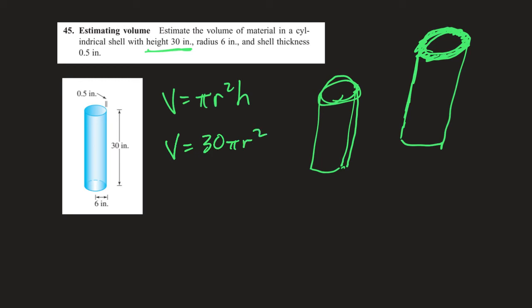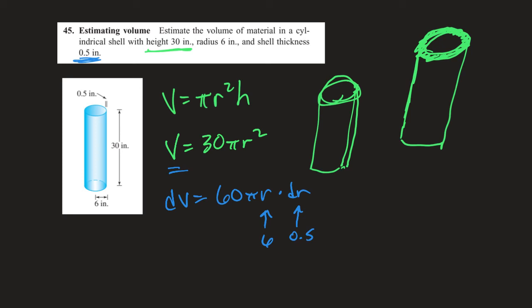And if I want to estimate the change in volume, I'll do a differential. And that differential would be dV equals the derivative here, which is 60 pi r times the dr. And we're just going to plug in the radius of 6 and the change in the radius, which is 0.5, and we'll crank this thing out.